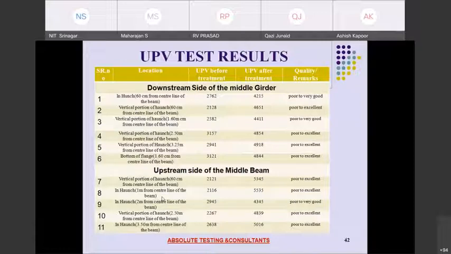So the quality of your concrete is improved by injection grouting. And how can you ascertain that your concrete is improved? By using non-destructive testing, where we can use the ultrasonic pulse velocity technique.